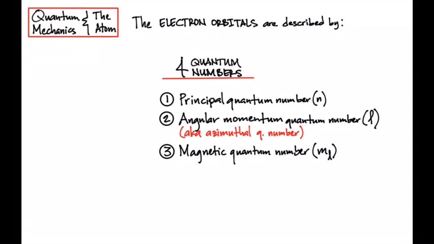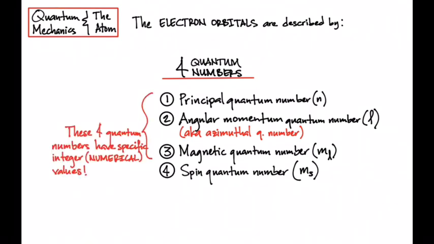So the l is the subscript. And the last type is called the spin quantum number, m sub s, where s stands for spin. All of these quantum numbers have specific numerical values, and we'll talk about every single one of them in greater detail.